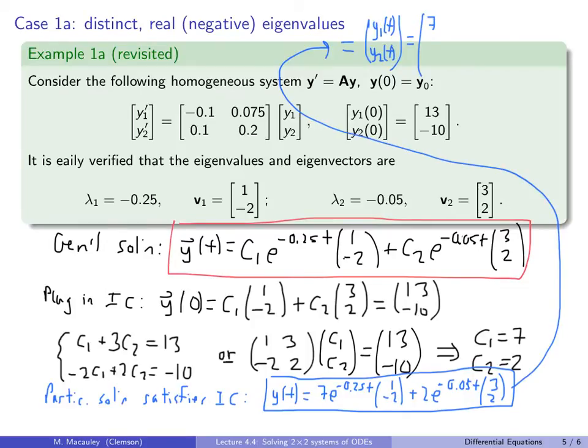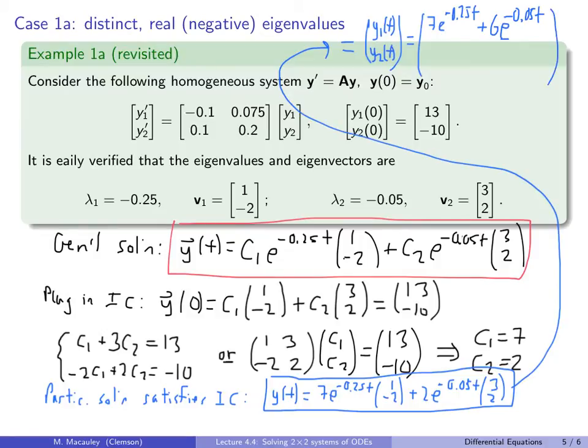So 7 times e to the negative 0.25 t plus 2 times 3 is going to give me 6, so that's plus 6 e to the negative 0.05 t.